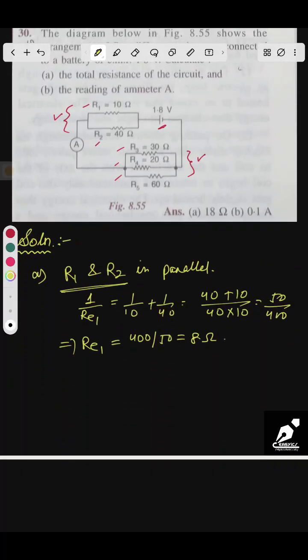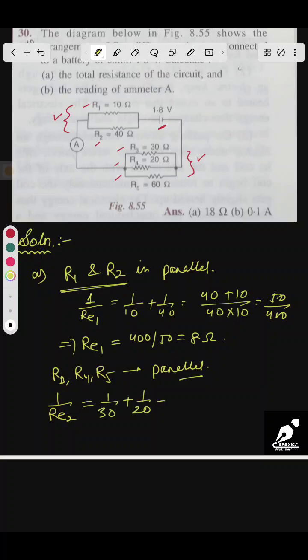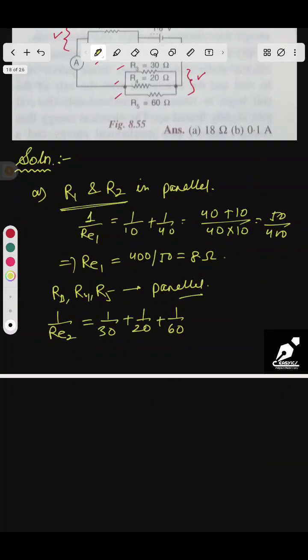Now R3, R4, R5, they are also in parallel. So R equivalent 2, let us name them. It will be 1 by 30 plus 1 by 20 plus 1 by 60. Okay, 1 by R equivalent 2, let us combine 1 by 30 and 1 by 60.